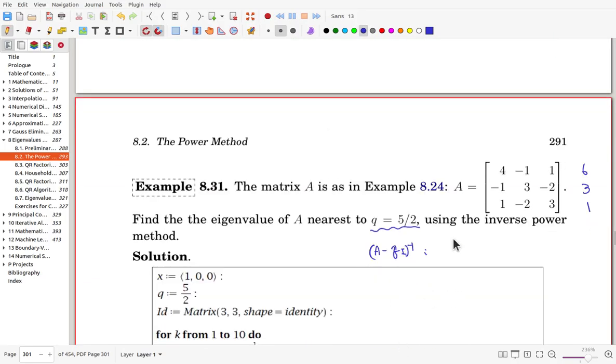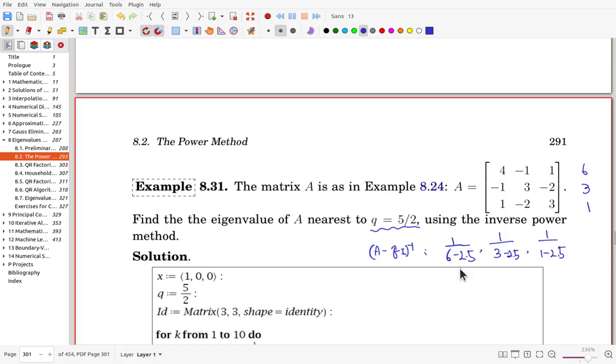So that is 1 over 6 minus 2.5. The second eigenvalue of this matrix will be 1 over 3 minus 2.5, and the last eigenvalue will be 1 over 1 minus 2.5.